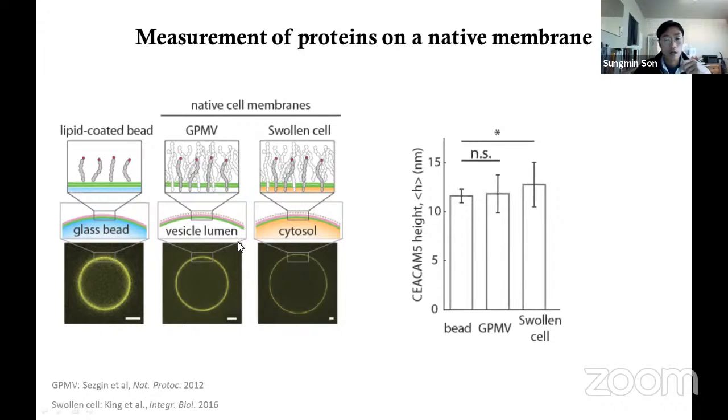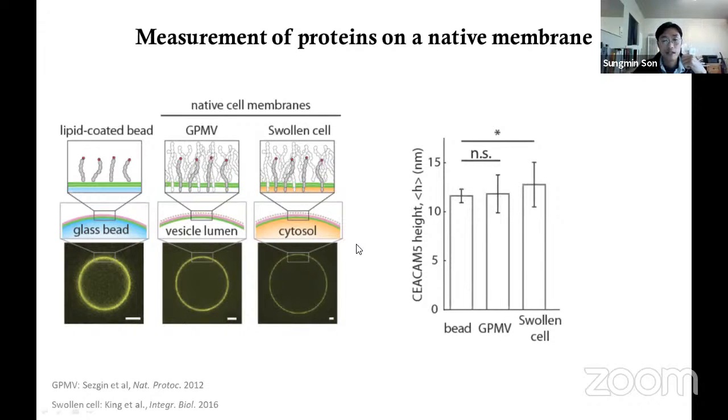Another way, since sometimes cells are not so amenable to this GPMV treatment, or GPMV might not drag all the proteins into its content, is that we can simply get rid of the actin cytoskeleton by drug treatment, and then hypoosmotically bloat the cells to a circular shape.